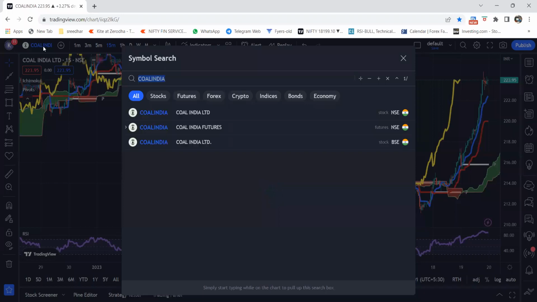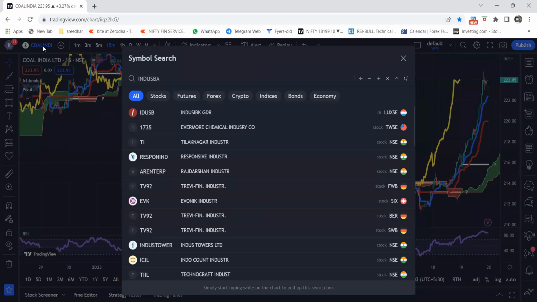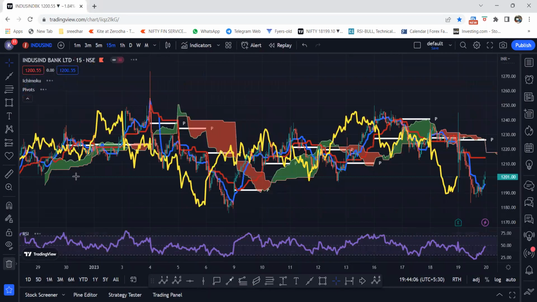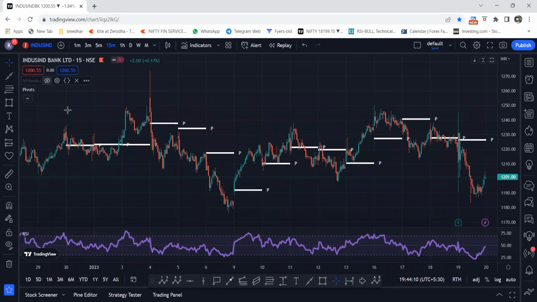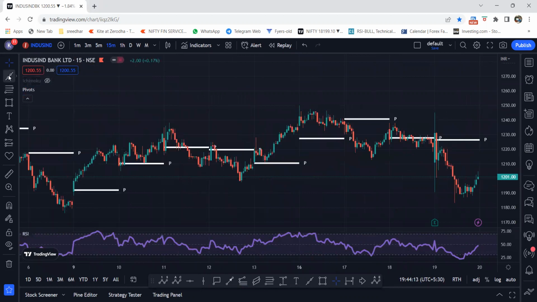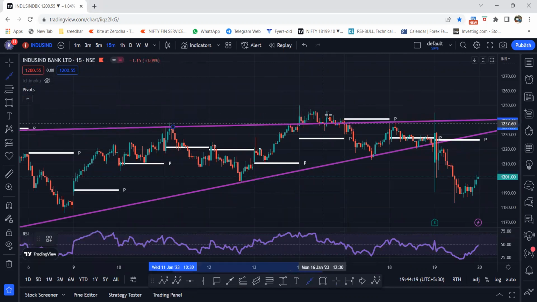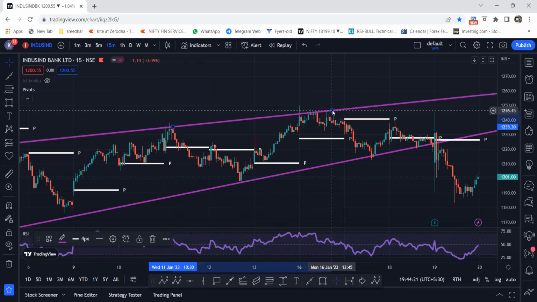In the same line, I'm taking IndusInd Bank for a short call, just to explain how the trend is working. I'm disabling the Ichimoku chart. I'll be drawing the trend line. If you see here, the bottom trend lines are connected and the top trend lines are connected. If the stock starts trading above 1255, then it is long.